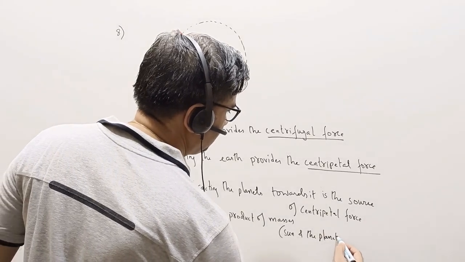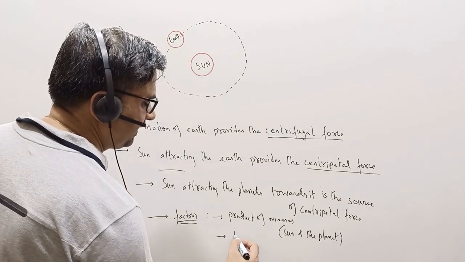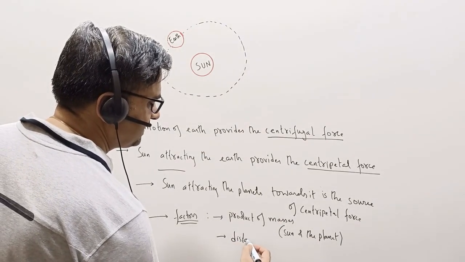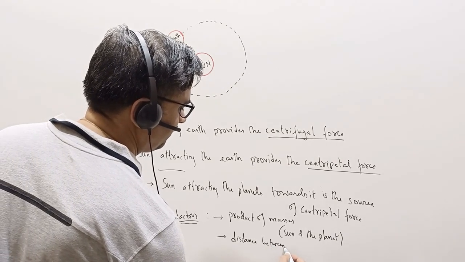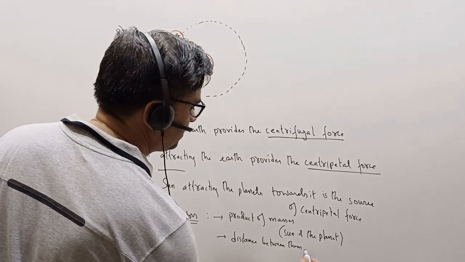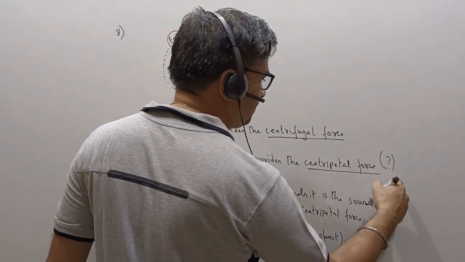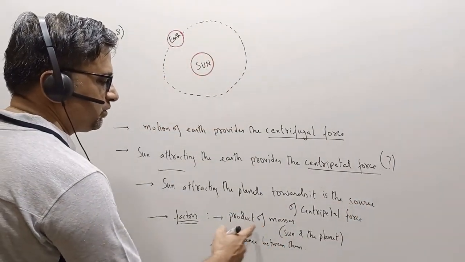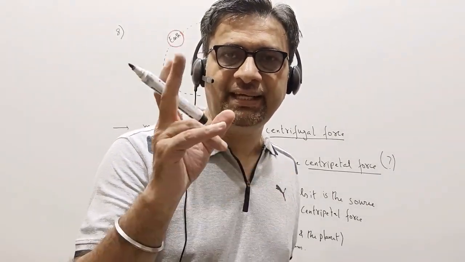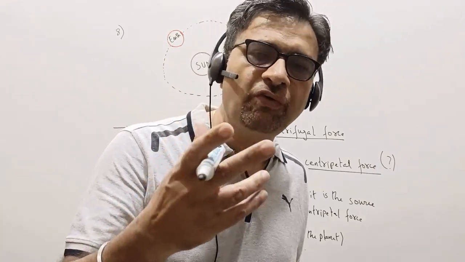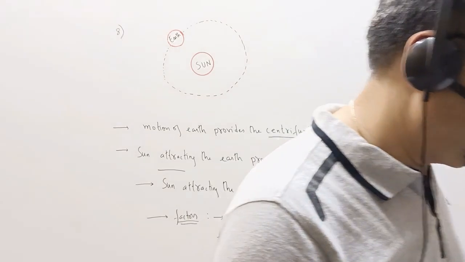And the other factor is the distance between them. So how much this centripetal force is depends on the product of the masses of the two bodies, in this case the sun and the planet, and how far they are. What is the distance between them is another factor. So that's question number 8 for you.